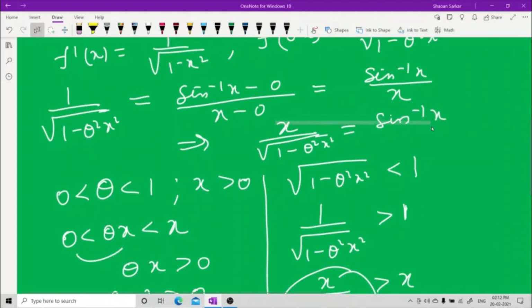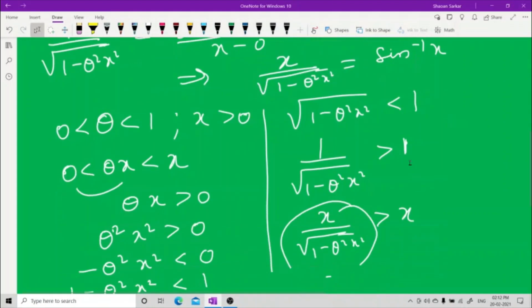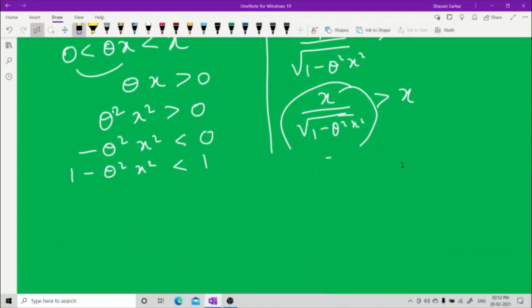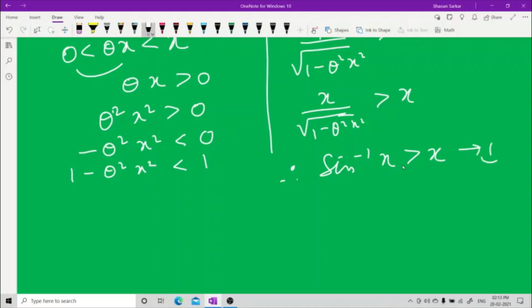So, therefore, sine inverse x is greater than x. Equation number 1. Next condition.